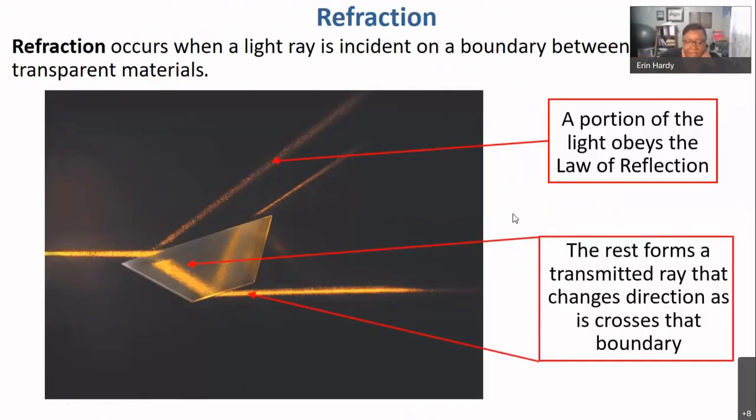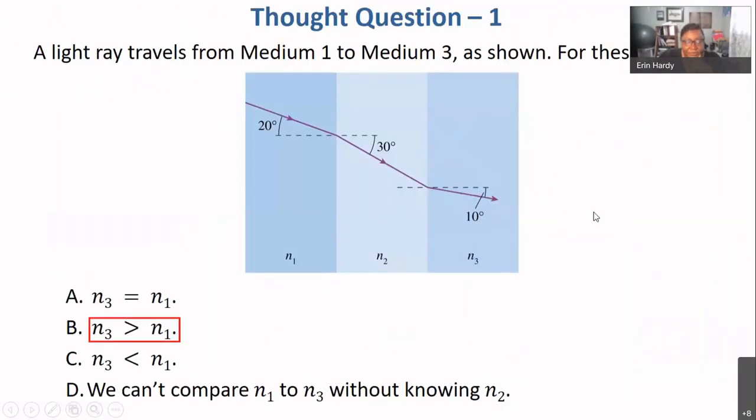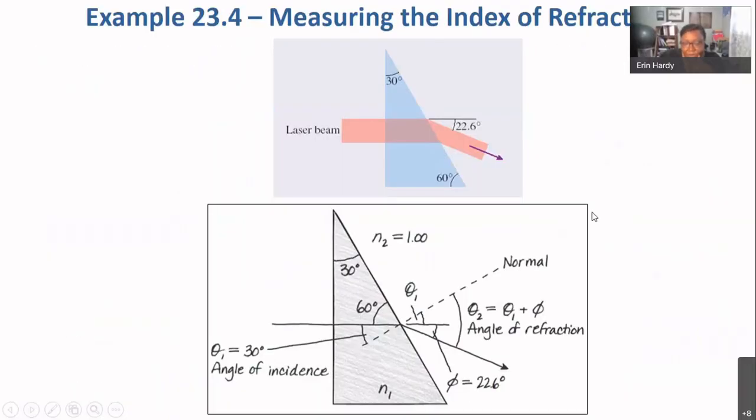In other words, at this interface right here, some of the light ray reflects back into the prism, but most of it doesn't. There are conditions where you can create a scenario where a light ray reflects completely, or totally, on the interior of a prism.